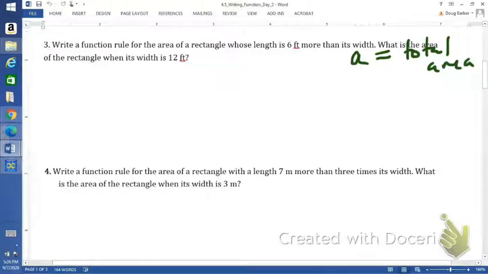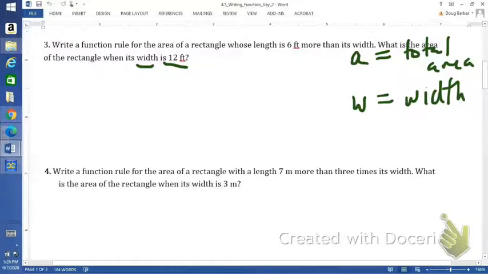And how do I know that? Well, we ultimately want to be able to plug in 12 feet for the width. Alright, so W is going to be width. Alright, so we want to involve W. We're not going to be plugging in anything for length, so that's why we didn't include it.